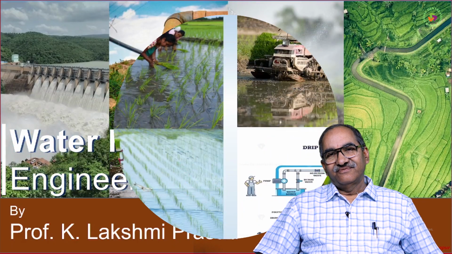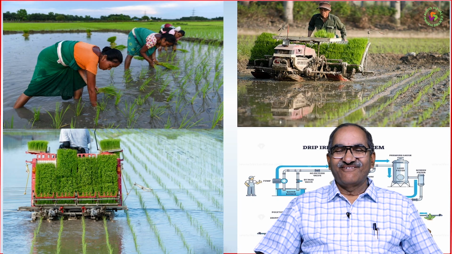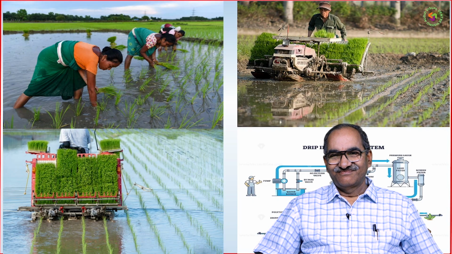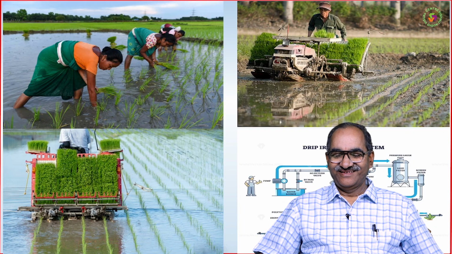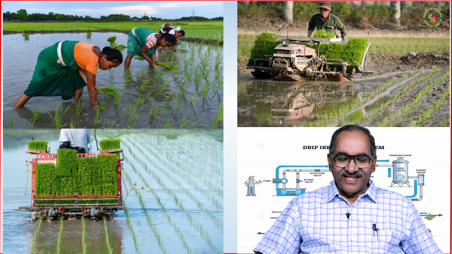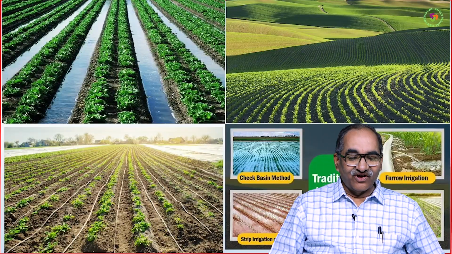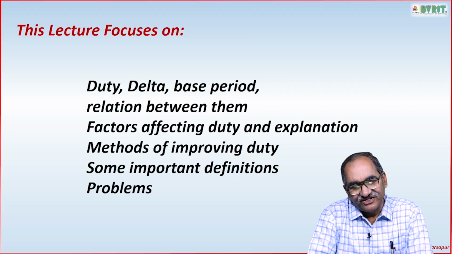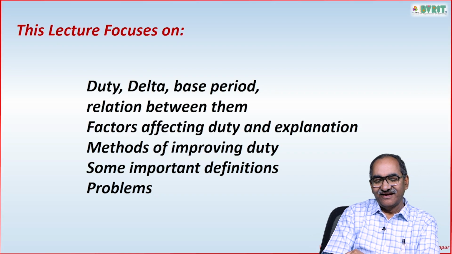So, we are dealing with Unit 4, Part 2, Water Requirements of Crops. Precisely, irrigation requirements of crops. So, in today's class, we focus on what is duty, what is delta, what is base period.